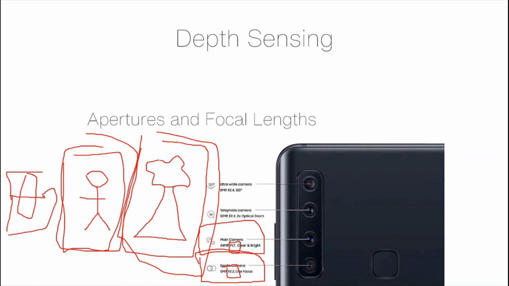So using an algorithm, it takes the difference in sizes and says this is the approximate distance between these two, due to the difference in proportion sizes for the two cameras. That is the idea of depth sensing.